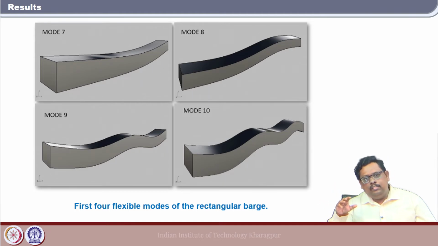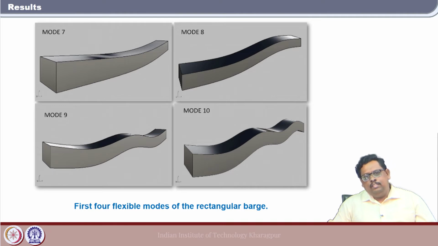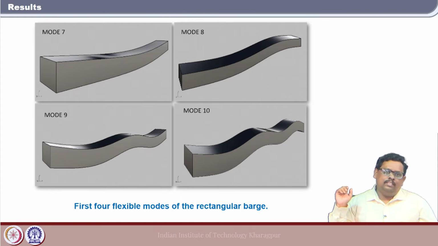Normally, not exactly 4, it is better to take at least the first 6 flexible modes, apart from the first 6 rigid modes.